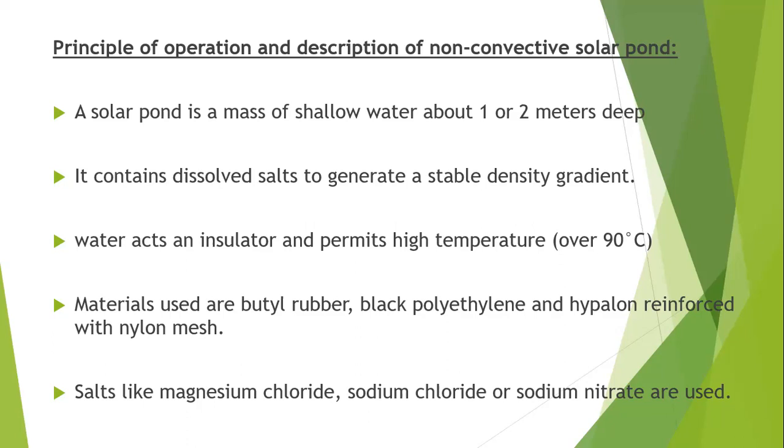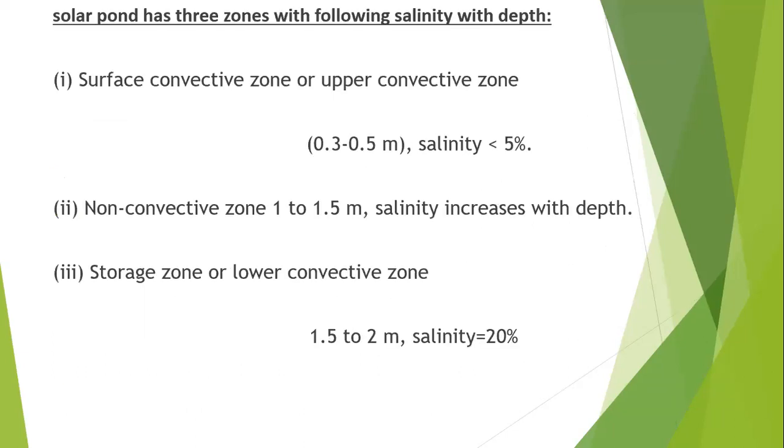By these salt densities we can divide the solar pond into 3 regions, depending upon the salt gradient. The first one is the surface convective zone or upper convective zone.